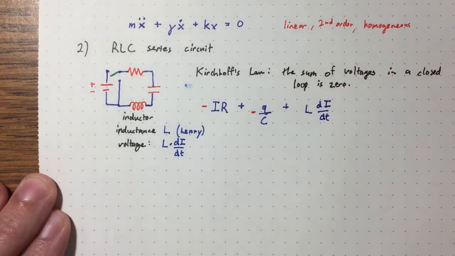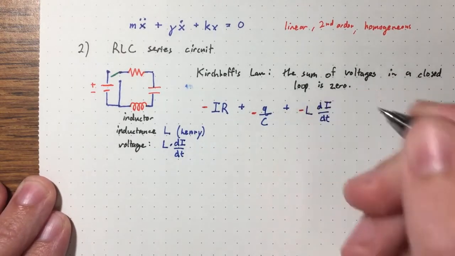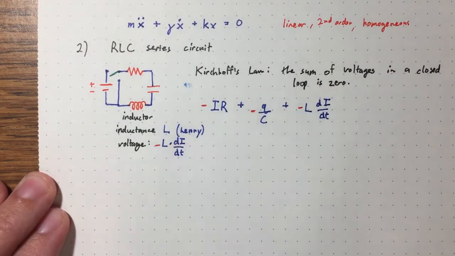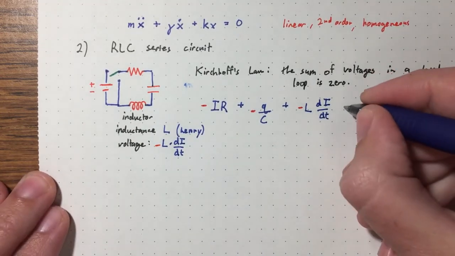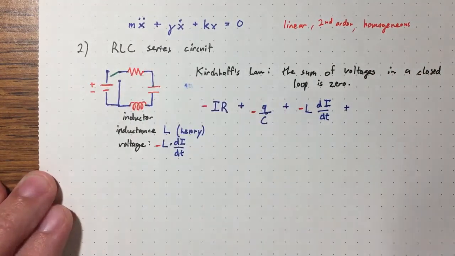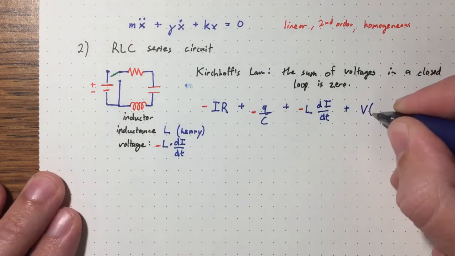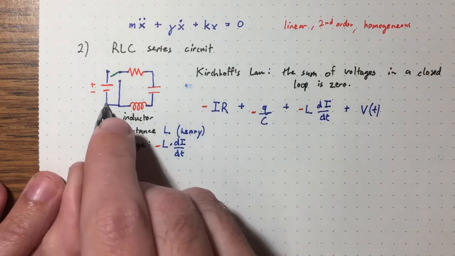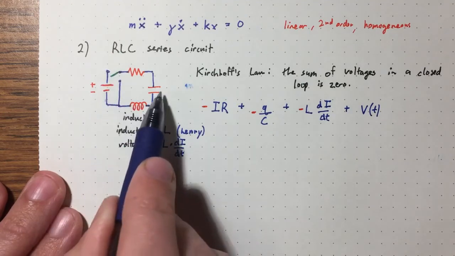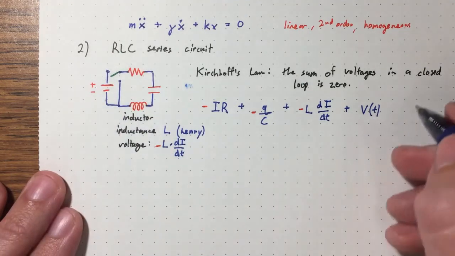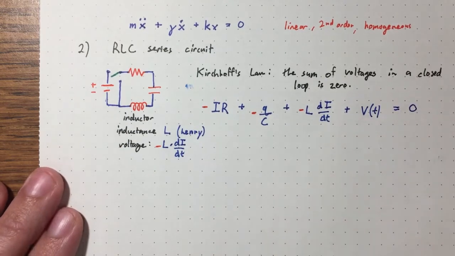And again, this has a negative sign because the voltage is dropping by this much. And then finally, we have our voltage source, which I'm just going to call the voltage V of t. And the voltage is increasing by V of t. So assuming that this switch is here, and we have this full loop, then I get this equation, and this all equals 0.